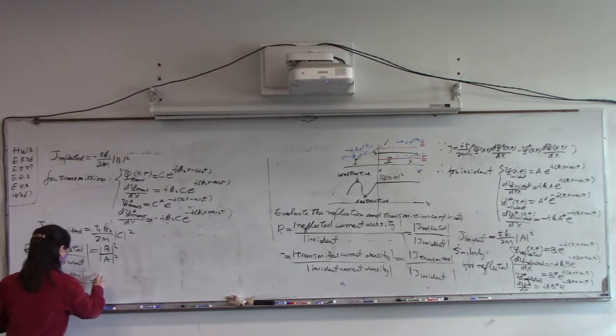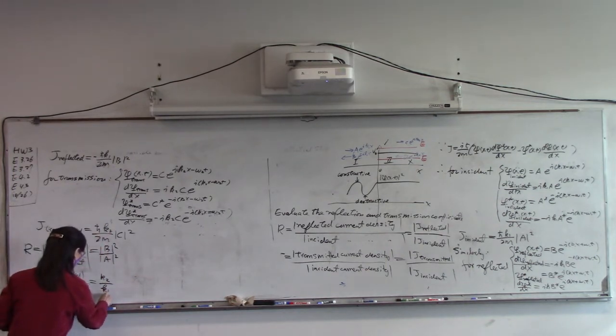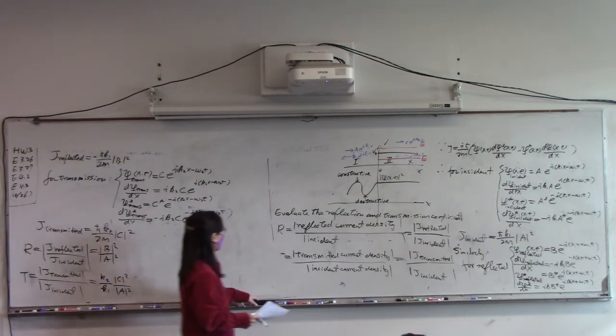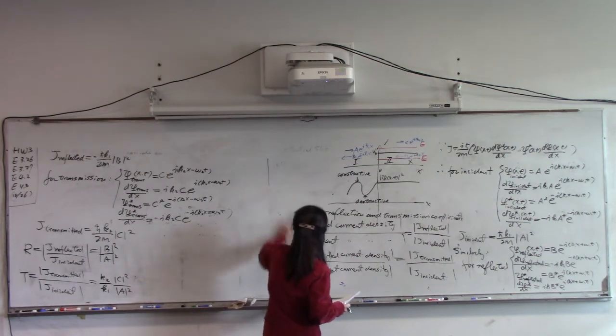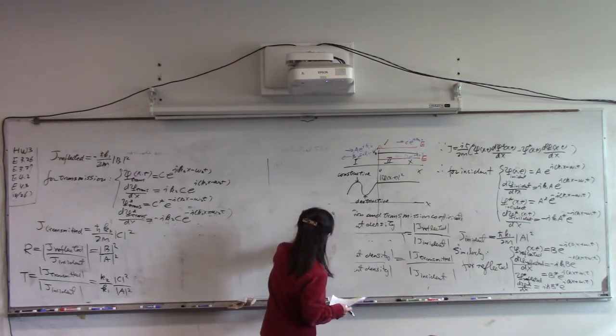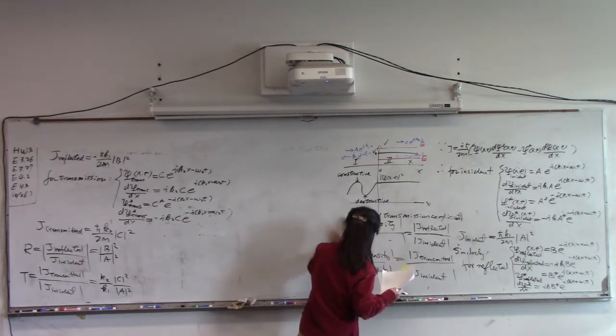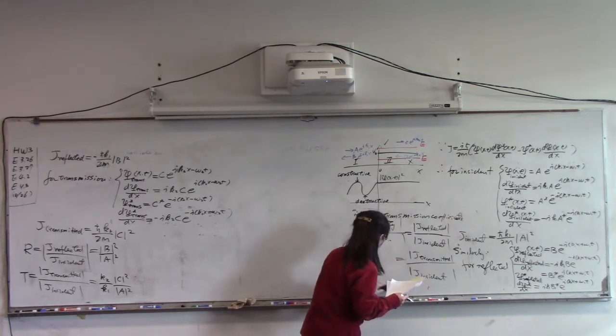We have k2 in the numerator, k1 in the denominator, and C squared over A squared. Very simple, if we know the coefficients A, B, C. So the next job is to find what A, B, C are. If we know, we can evaluate how much is reflected, how much is transmitted, and we'll compare with classical.